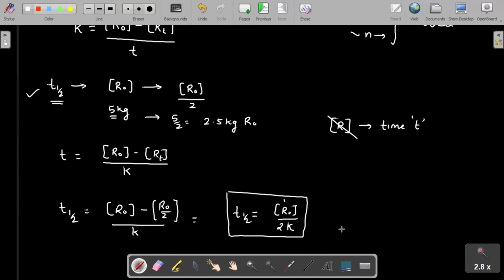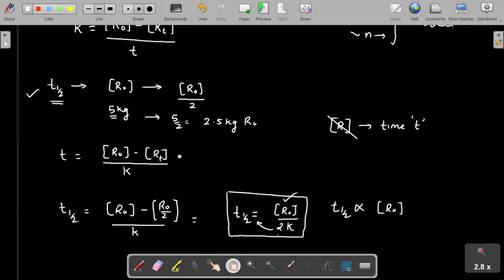We just need the initial concentration, and when we start any chemical reaction, we always know the initial concentration. So t half is directly proportional to the initial concentration of my reactant. 2 and K are constants, so I can merge them by putting a proportionality.